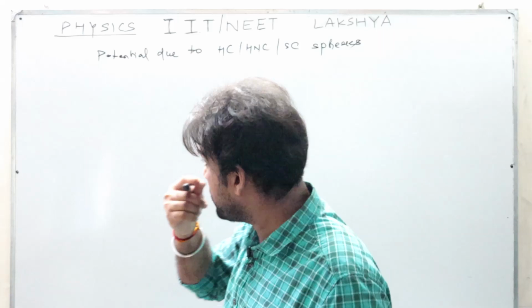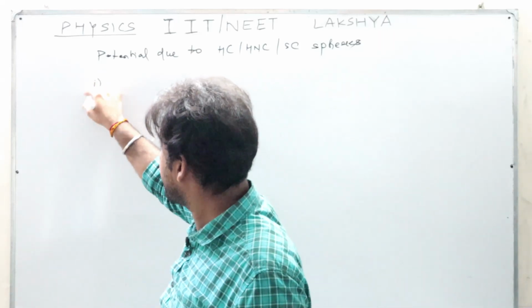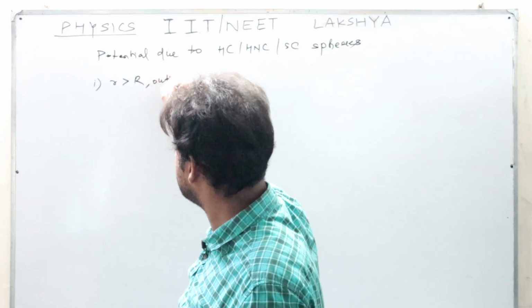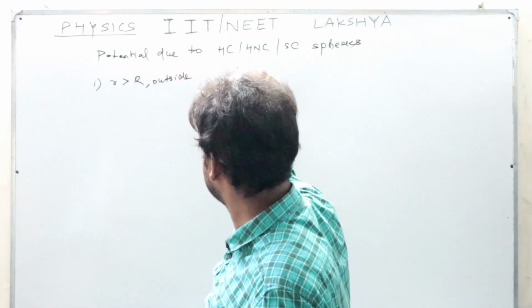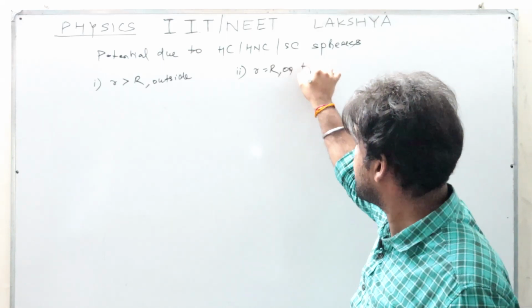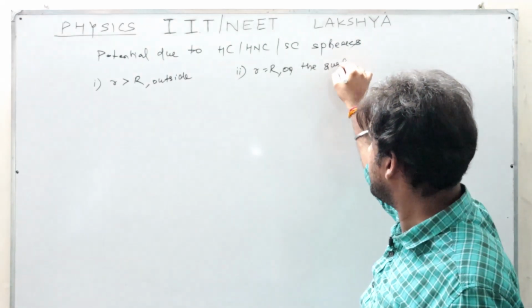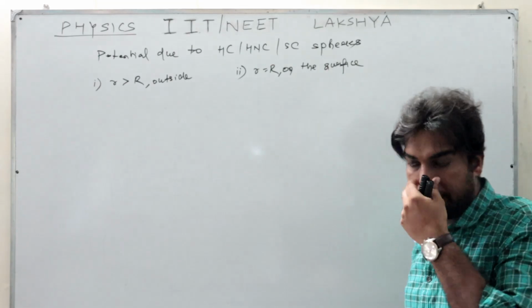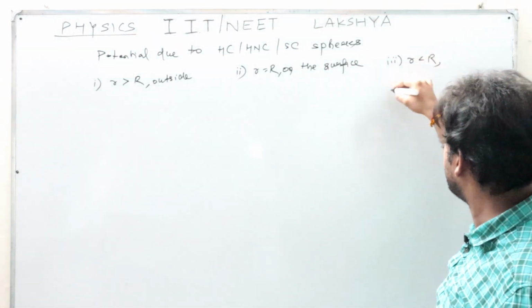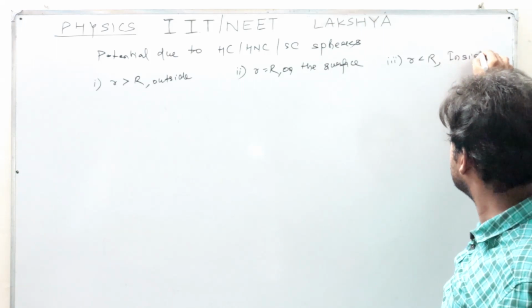In this also I am going to take three cases. First is r greater than R, that is the outside case. Second case would be r equals R, that is the potential on the surface of the sphere. And the third case would be r less than R, which is inside the sphere.